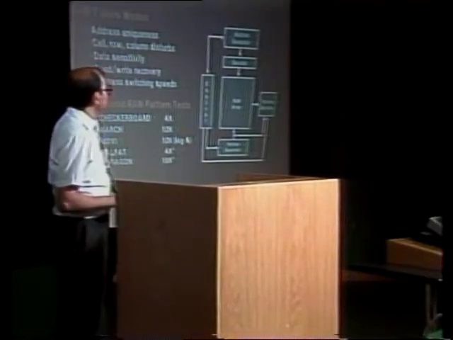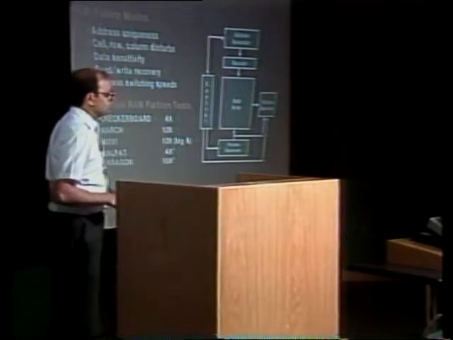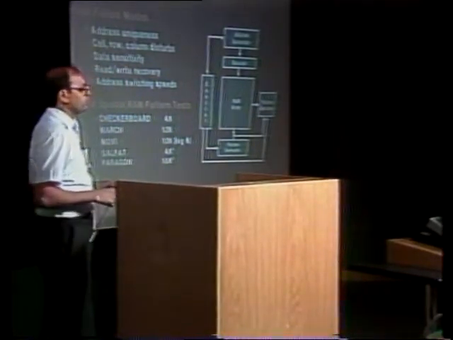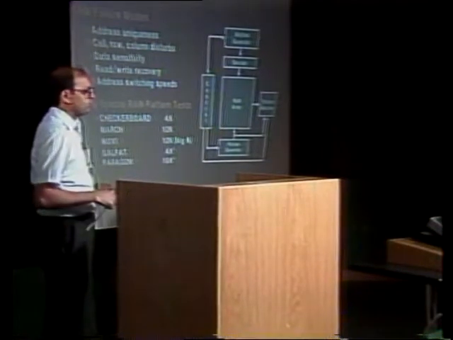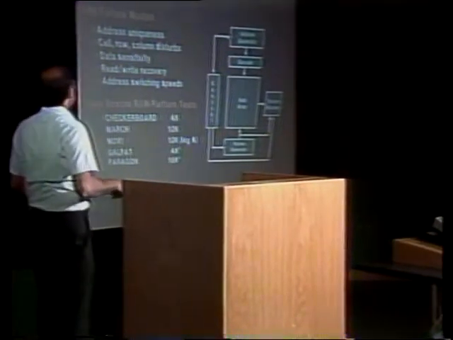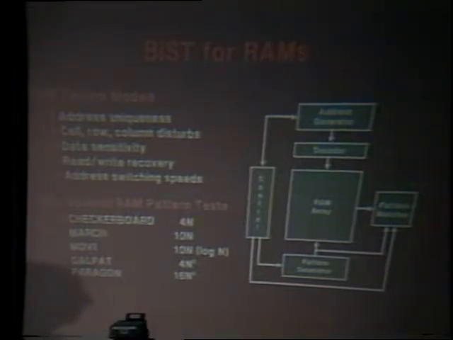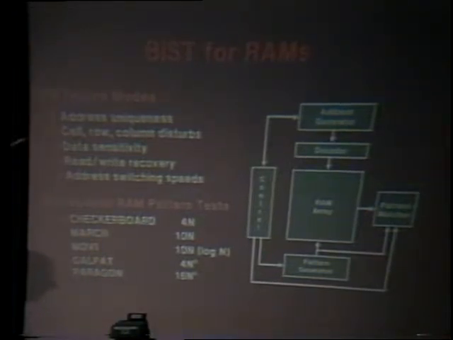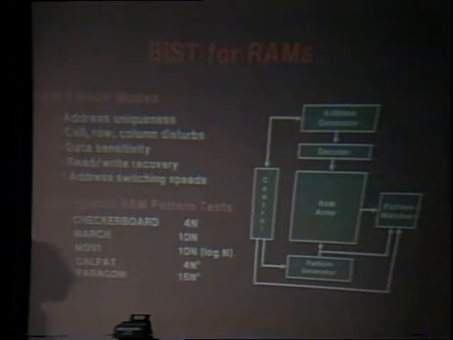Let's begin with random access memories. Random access memories are very special. None of the schemes presented in the morning fit very well for random access memories. That's because RAMs have unique failure modes. So here is a small list of various failures we can find in random access memories, such as address uniqueness, cell, row, or column disturb.